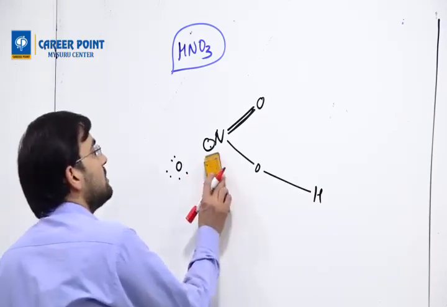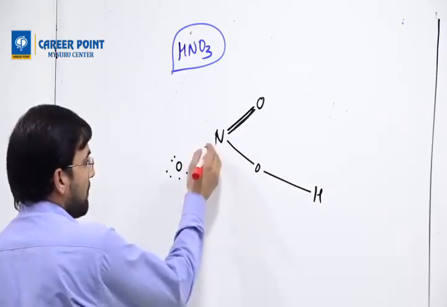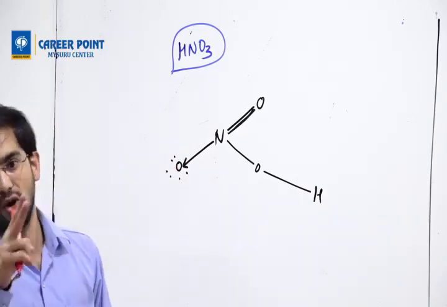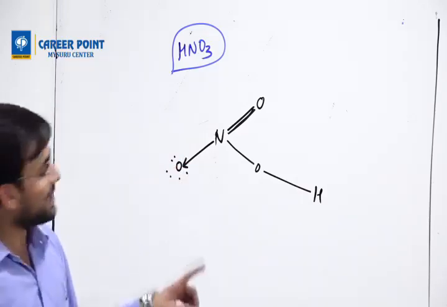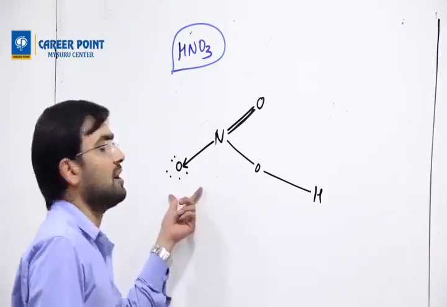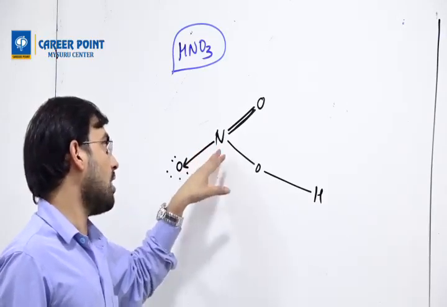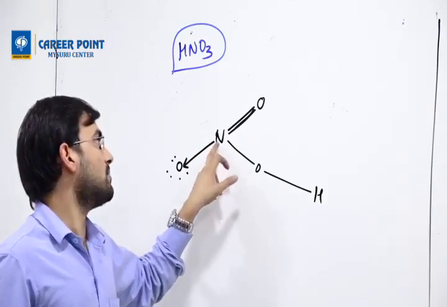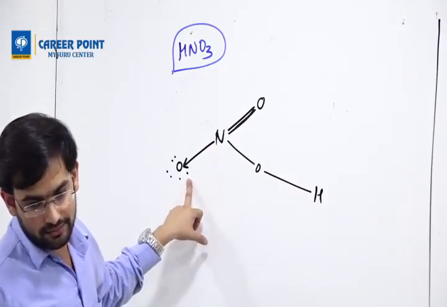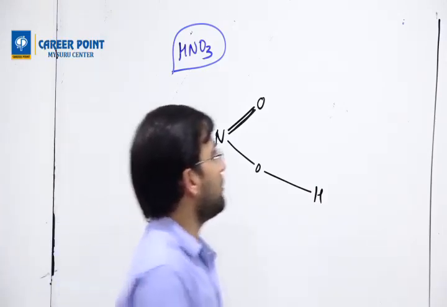So a coordinate bond is plotted from this nitrogen to the oxygen, giving out that 2 electrons. When it gives out that 2 electrons, this oxygen has got 2 electrons, so this oxygen becomes satisfied. So a coordinate bond is plotted from a satisfied atom to an unsatisfied atom. Understood this point also? Okay, so that's all about coordinate bond.